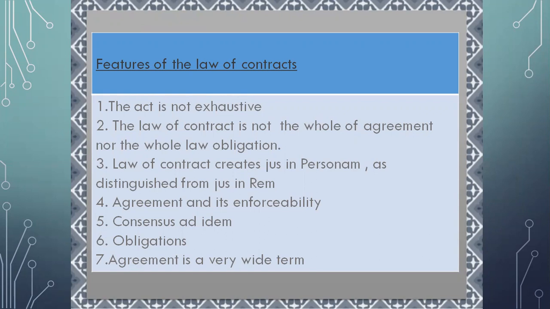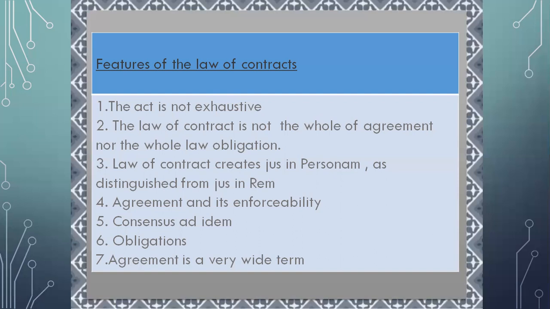The term obligation is defined as a legal tie which imposes upon a definite person or persons a duty. There must be a legal obligation in order to become a contract.